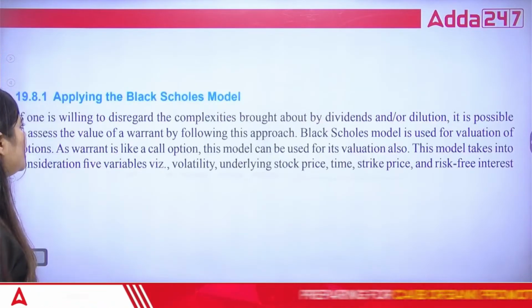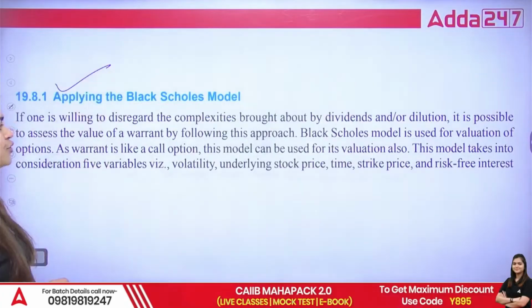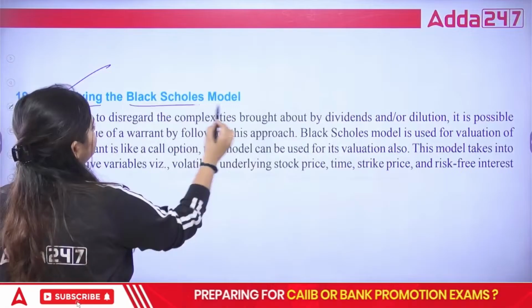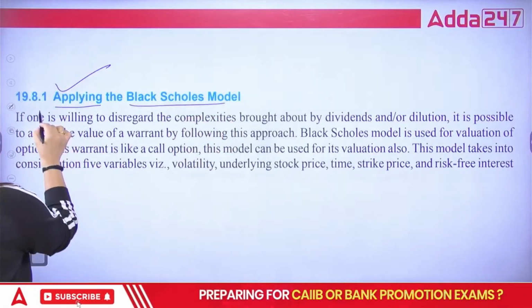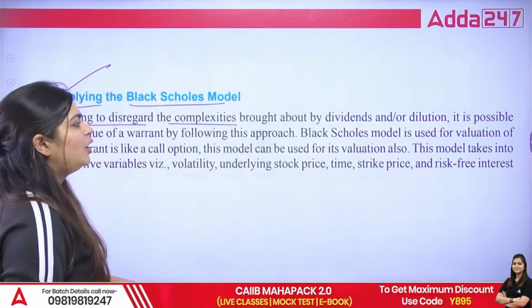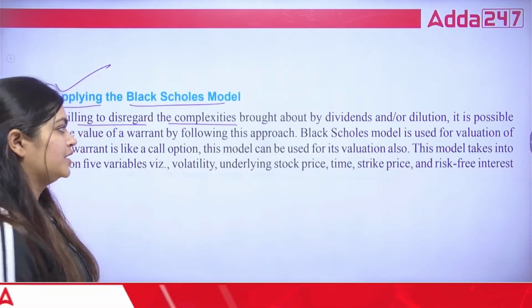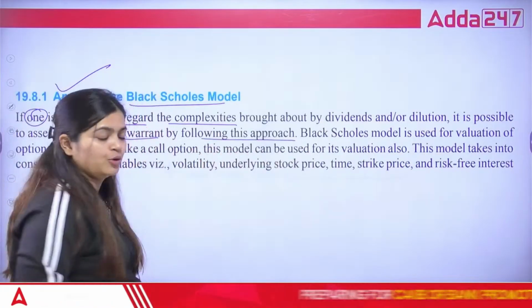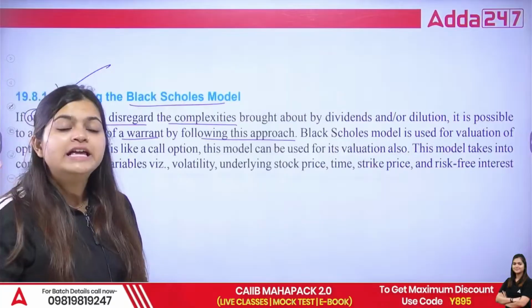Now, this particular extract is from your ABFM study material. Applying the Black Scholes model, let's read what they have given. If one is willing to disregard the complexities brought about by dividends or any dilution, it is possible to value the warrant by following this approach. What is that approach through which you can value it?